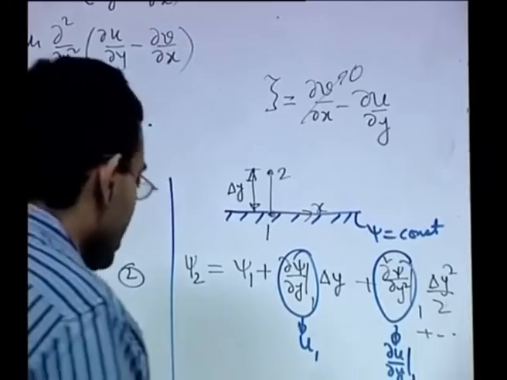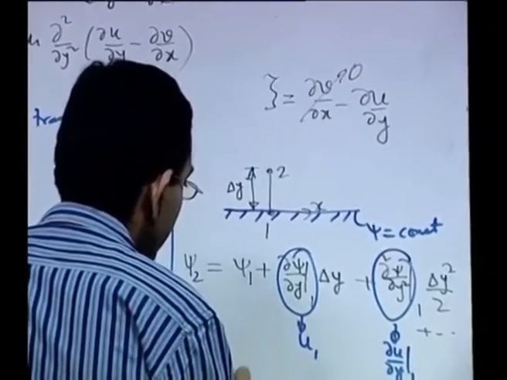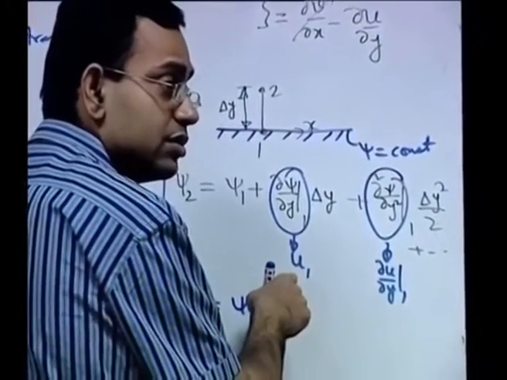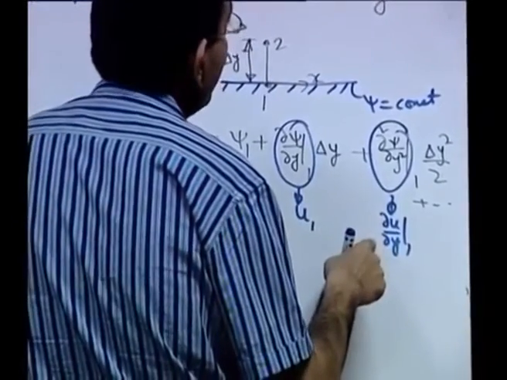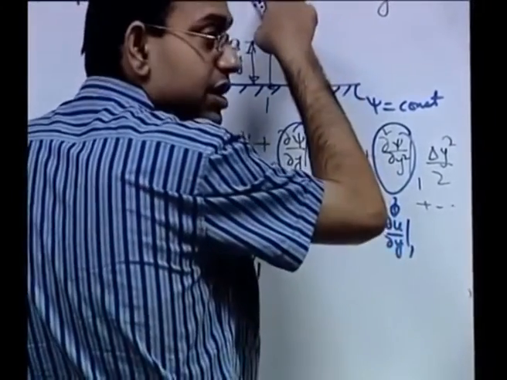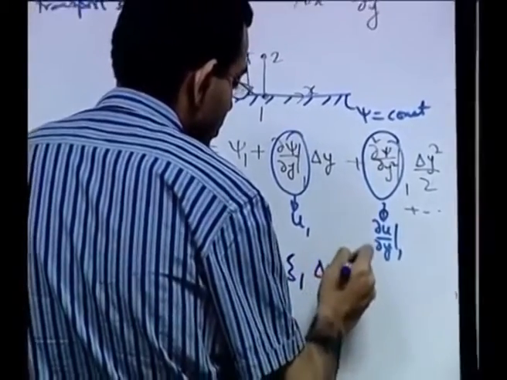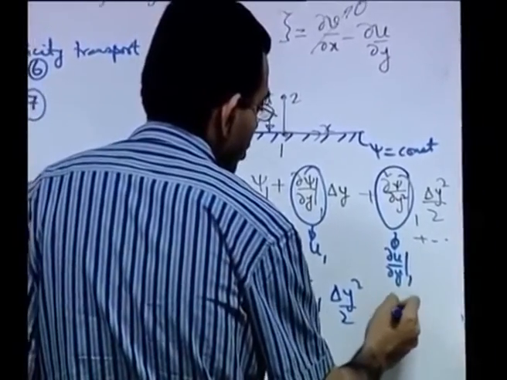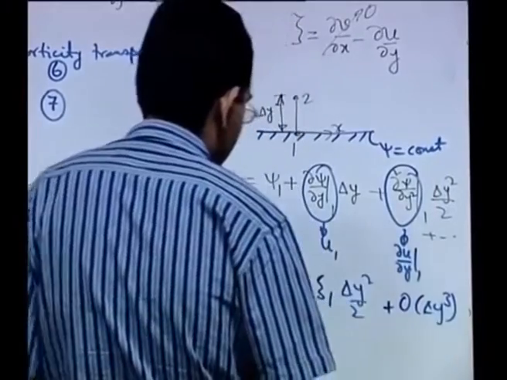So you can write psi 2 is equal to psi 1. What is u at 1? It is 0 by the no slip boundary condition. What is del u del y at 1? It is equal to minus zeta 1, plus order of delta y cube and so on.